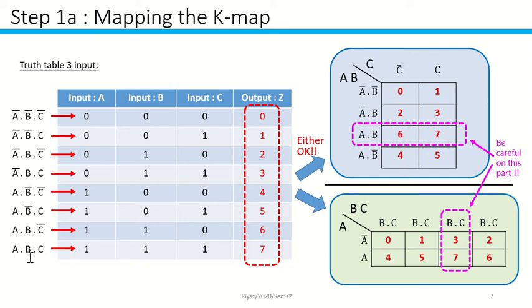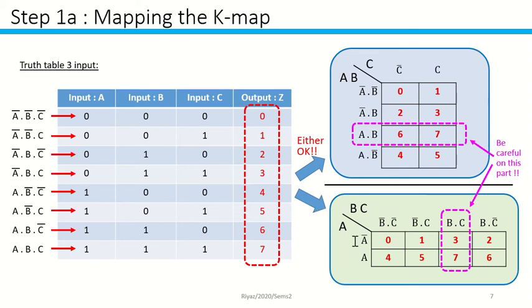And A, B, C, so that's why you have number 7 over here. So please be careful. It's always written 0, 1, 2, 3, 4, 5, 6, and 7. So this is like a change of place over here. So be careful over here.